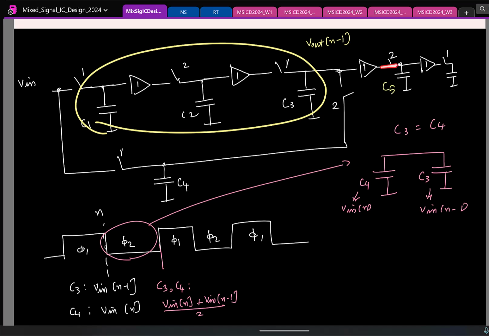During phase 2, the same thing is happening. Whatever voltage you have here is buffered and stored on C5, so C5 also has the same thing. So this is fine. Now, in the next clock phase, this is activated.